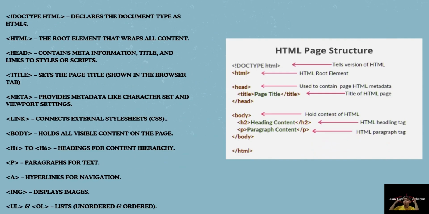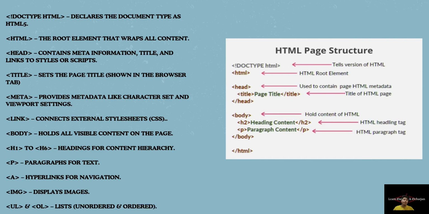Okay, this is the page structure. I mean the basic page structure. There are several things we still need to add, but for now this is the simple way to understand. So let's get started. HTML page structure. The first HTML tag will be doctype. It declares that the document type is HTML, or you can say it tells the browser what the HTML version is. The html tag is also the root element, with its ending tag, and inside this opening and closing html tag we have head.